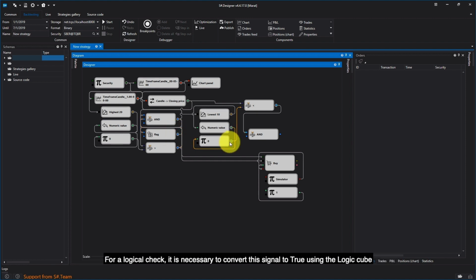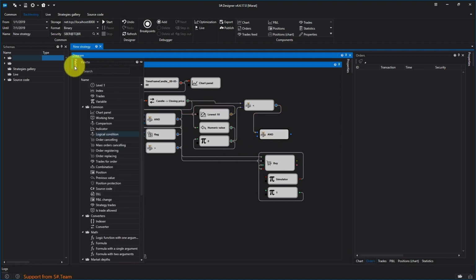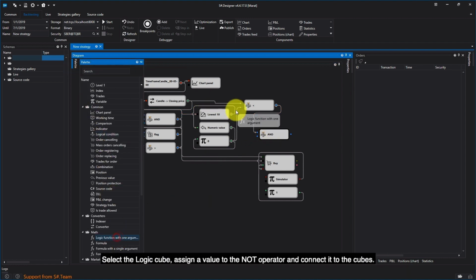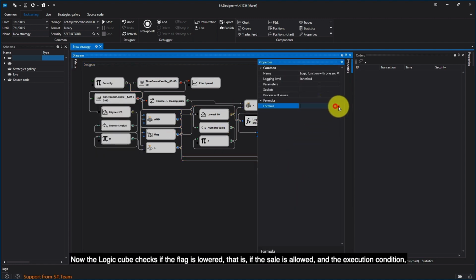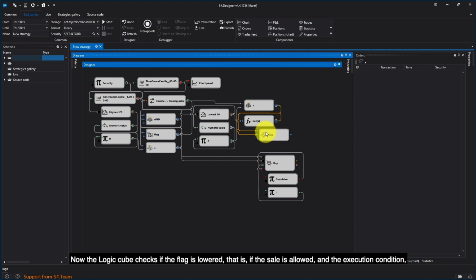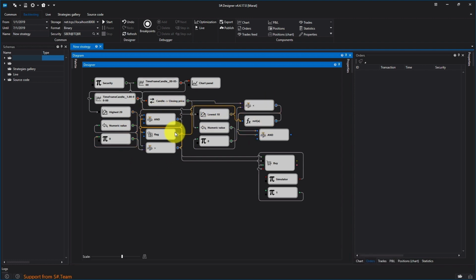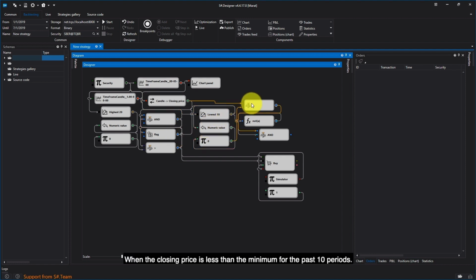For a logical check, it is necessary to convert this signal to true using the logic cube. Select the logic cube, assign a value to the NOT operator, and connect it to the cubes. Now the logic cube checks if the flag is lowered, that is, if the sale is allowed, and the execution condition: when the closing price is less than the minimum for the last 10 periods.